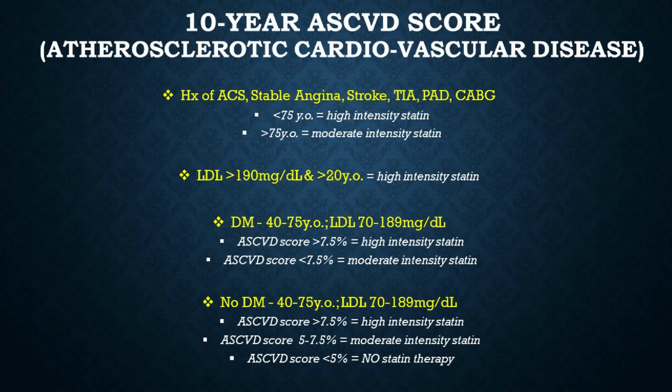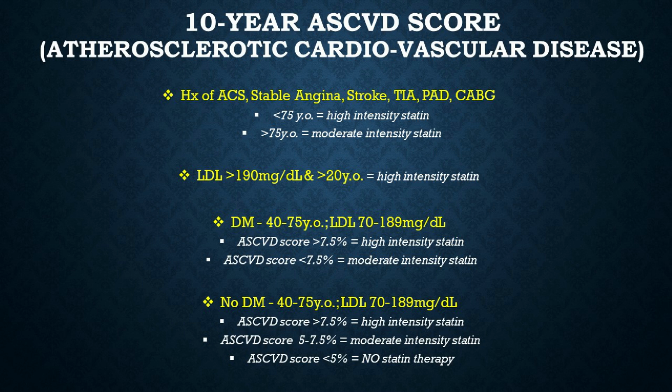Here I would like to show you again the 10-year ASCVD score, the atherosclerotic cardiovascular disease score, because it's very heavily tested. Patients with a history of acute coronary syndrome, stable angina, stroke, transient ischemic attack, peripheral arterial disease or CABG, coronary artery bypass graft procedures, who are less than 75 years of age, need high intensity statin, and the high intensity statins are rosuvastatin and atorvastatin.